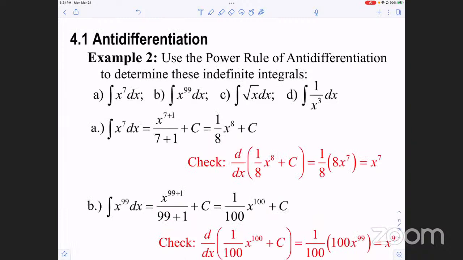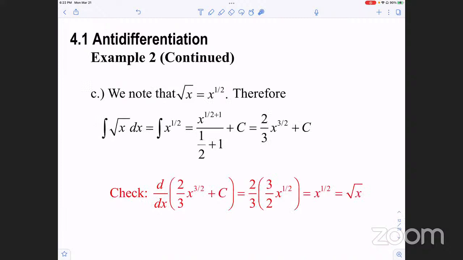I think we got x to the 8 over 8 plus some constant, because if you check by taking the derivative, you get back to x squared. We got x to the 100 over 100 plus a constant as well. Up here, x to the 3/2 over 3/2 plus some constant, so we got the same thing.